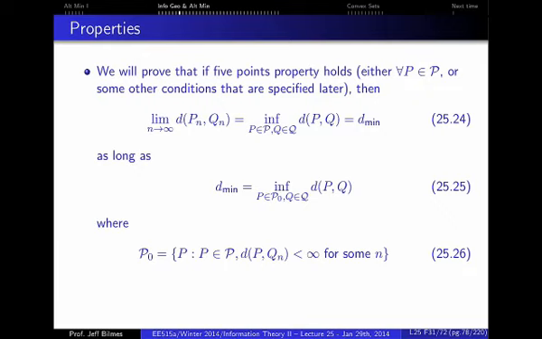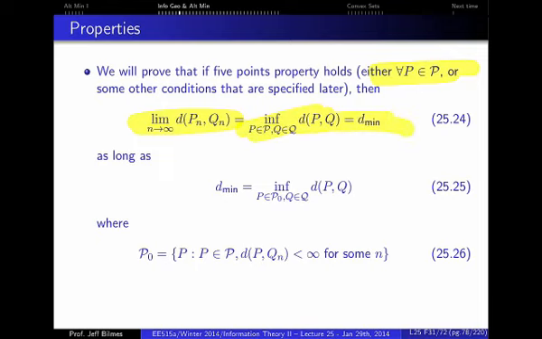So what we want to do is prove that if the five-point property holds, either for all P and Q, which is the most general condition, or some other more technical condition that I'm going to specify a little bit later, then when we take the limit of this sequence of pairs that arise from alternating minimization, that's going to equal d min, which is the minimum.